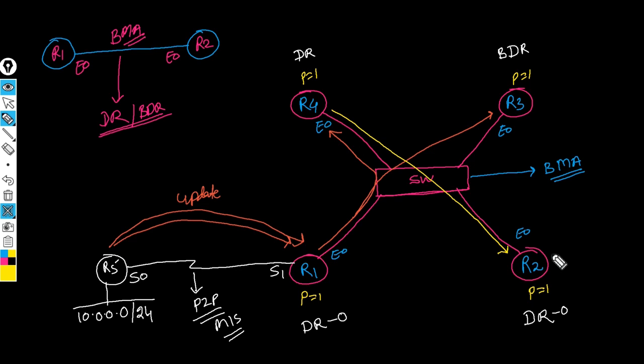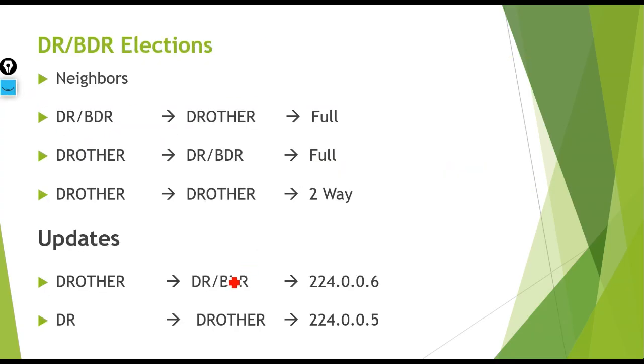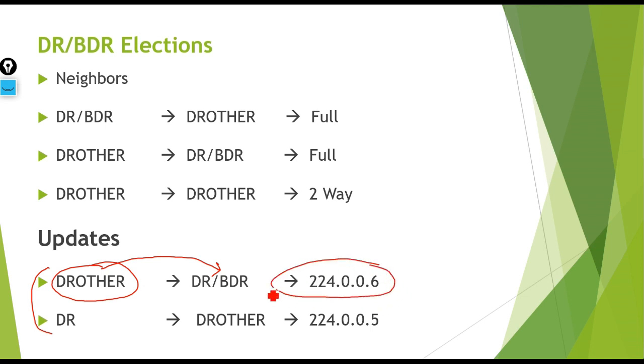Now the point is, when a DR other sends an update to the DR and BDR, what will be the address? If you remember, in OSPF you have two different addresses, 224.0.0.5 and 224.0.0.6. What was the actual concept behind that? It is here only. When a DR other is sending an update to the DR and BDR, it will use the address 224.0.0.6.